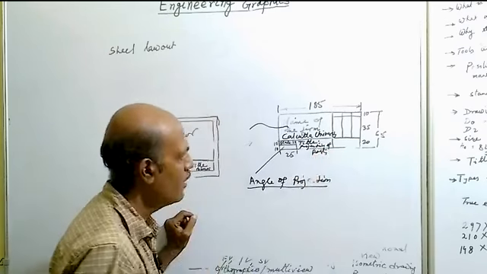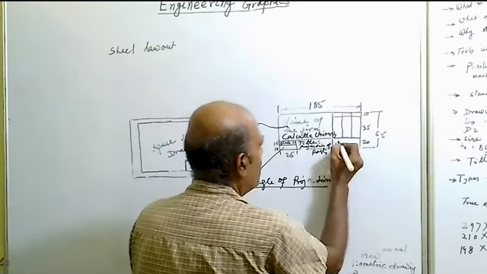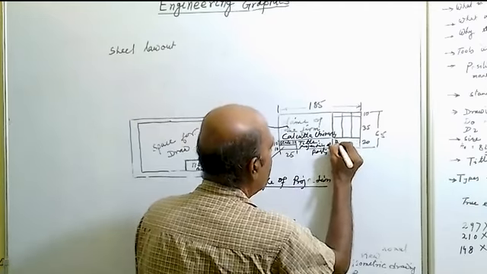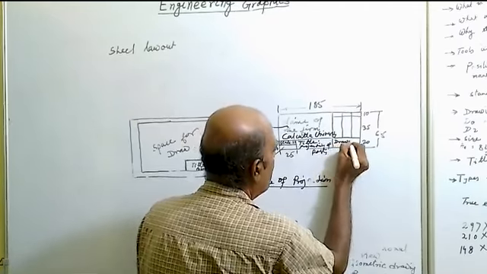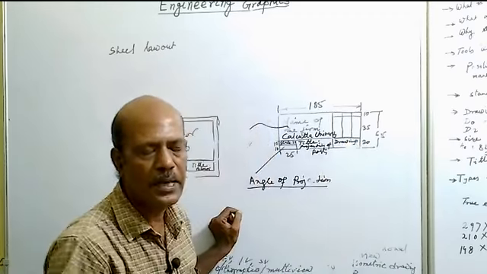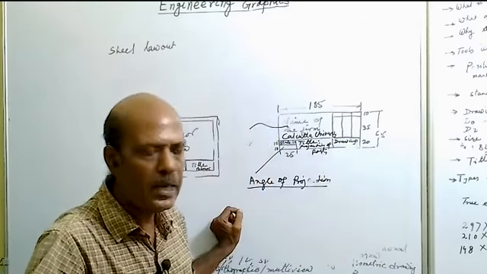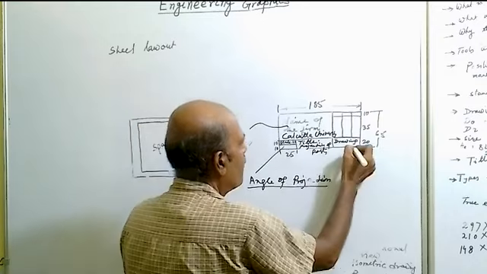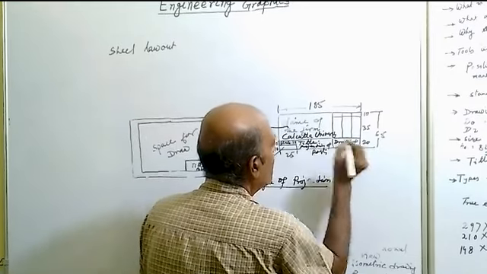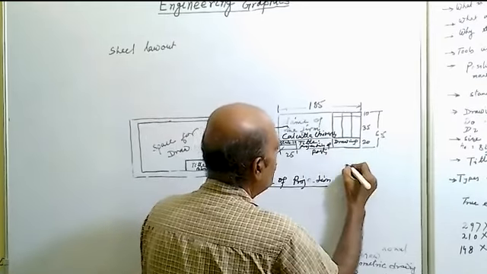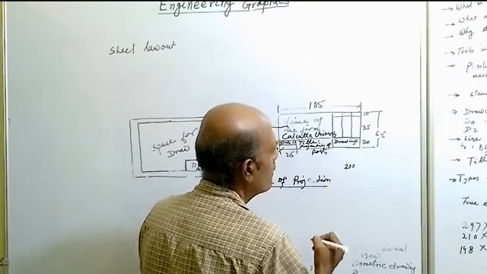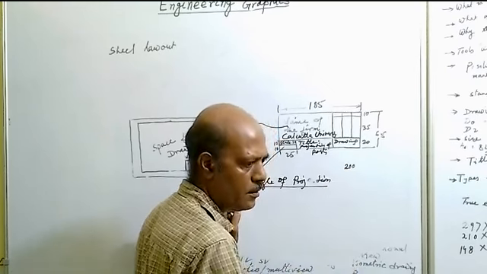Okay. And in this space we will write the drawing number. So for a particular machine there may be so many drawings. Say, for a particular machine there are 200 drawings, 200 numbers.